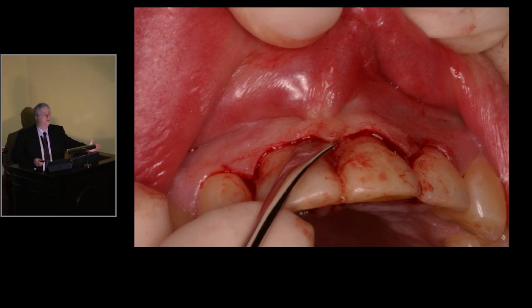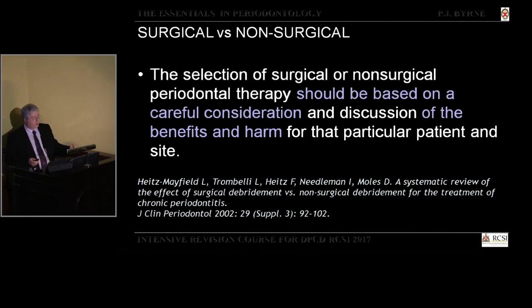We can choose to elevate our flap minimally, in other words not beyond the mucogingival junction, and as a result, the tissue is fixed. Or we can extend that reflection beyond the mucogingival junction if we want to apically or coronally reposition our flap, and then carry out bone modifications as we wish.